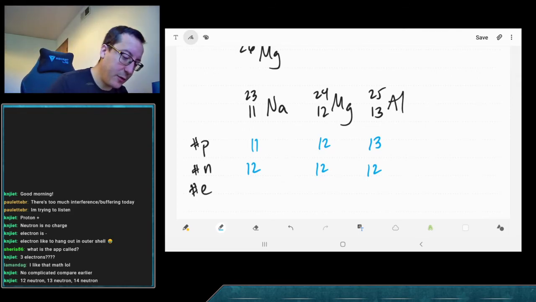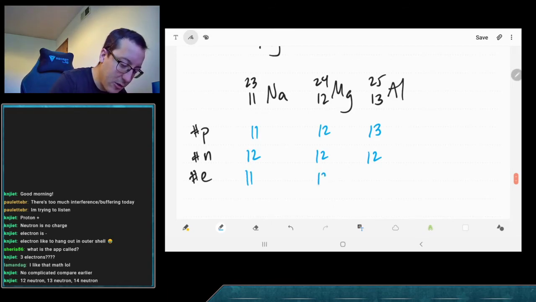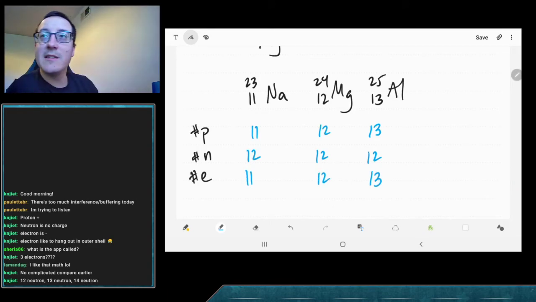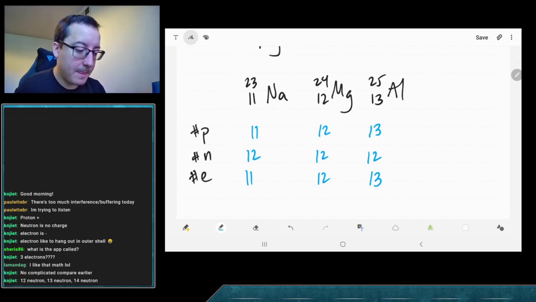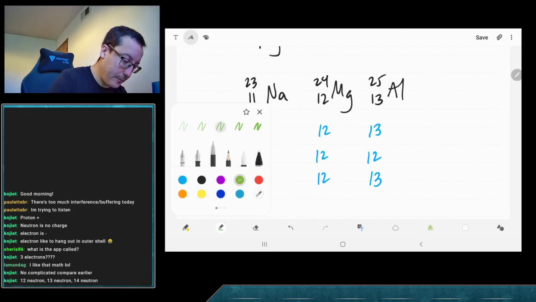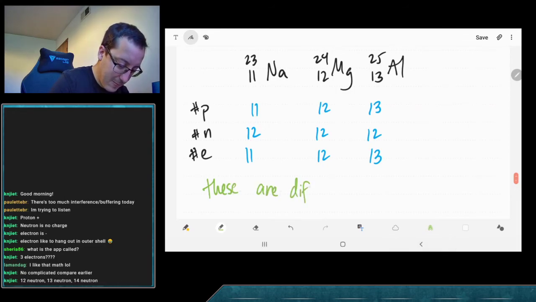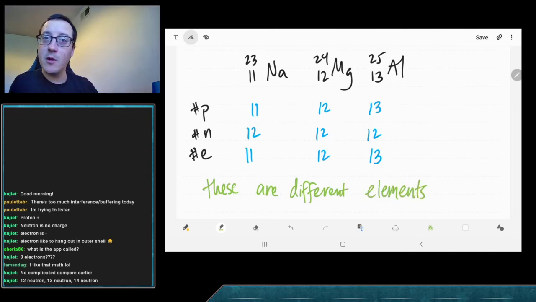Alrighty, and then if we look at the electrons, because none of these are charged, we're going to see that they have the same number of electrons as protons. And so, we see that these are different elements, right? One is sodium, one's magnesium, one's aluminum. They're three different elements.